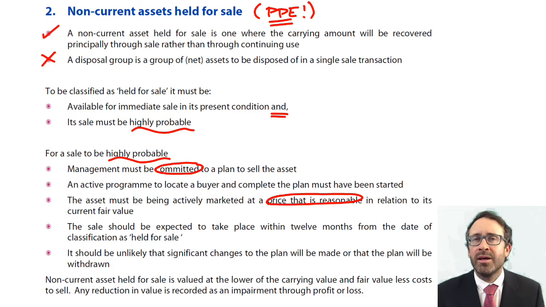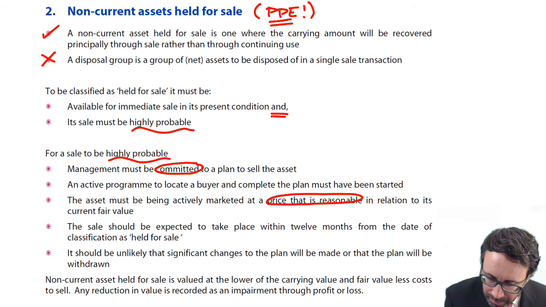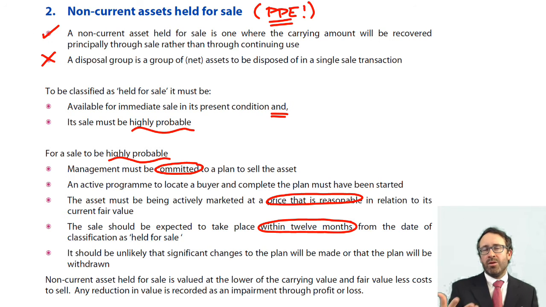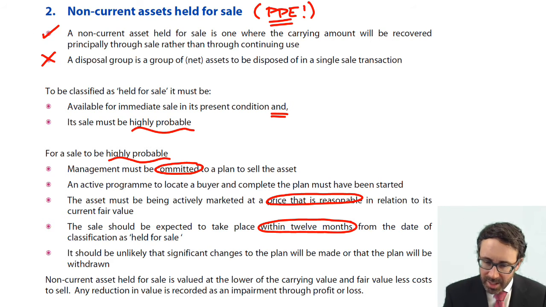We're not trying to sell it at a ridiculously high price, because then we're not going to get the value of that asset; we're going to get its fair value. It should be taking place within 12 months, which I suppose goes back to the difference between non-current and current assets.